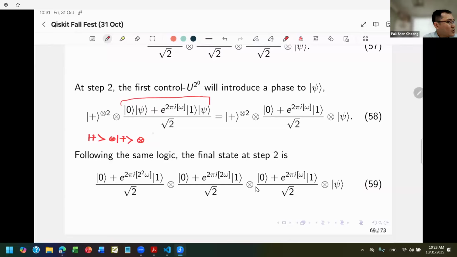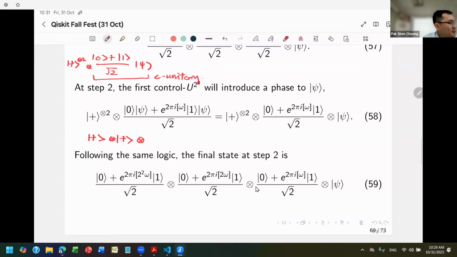So when the third plus state is 0 plus 1, sine, and then you have the two plus states in front. Originally, it should be like this, but because of the control unitary, when it is the 0 state, you introduce nothing to the whole system. When it is 1, you introduce the phase. Okay?